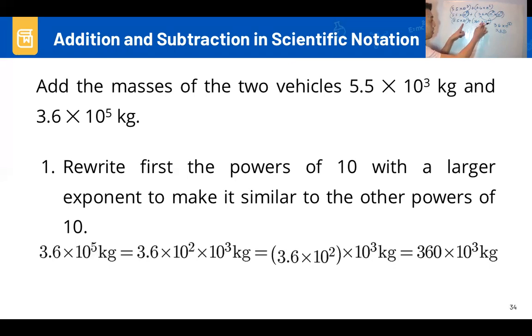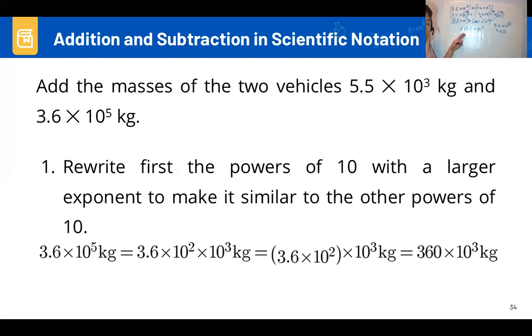They are now the same, so therefore, we can now add these two numbers. So what is 5.5 plus 360? So we have 365.5, multiplied by 10 raised to 3. Now, is this the final answer?